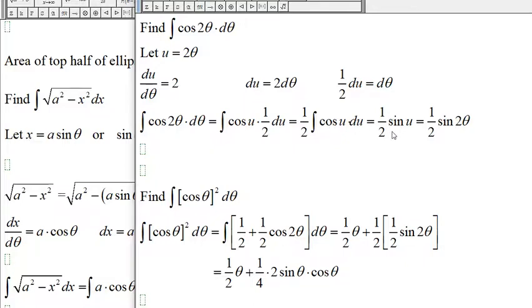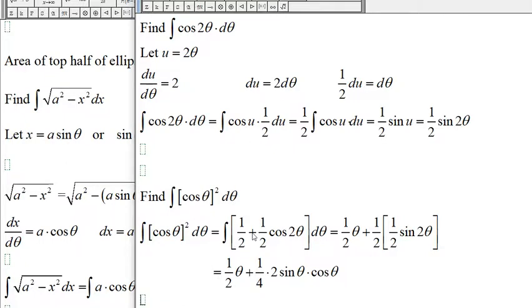So we get 1/2 sine of u. But u is 2 theta, so we get 1/2 sine of 2 theta. So the integral of cosine of 2 theta is 1/2 sine of 2 theta. What we're after is the integral of cosine squared.